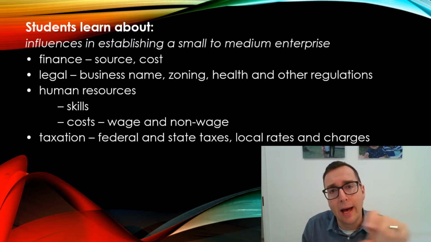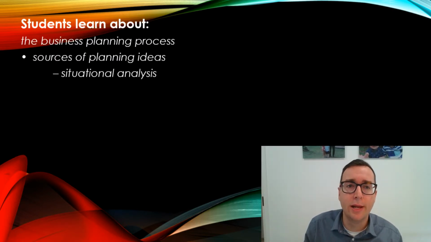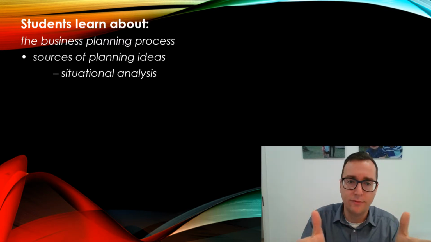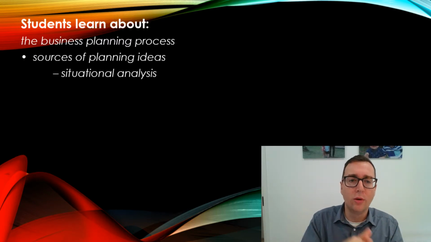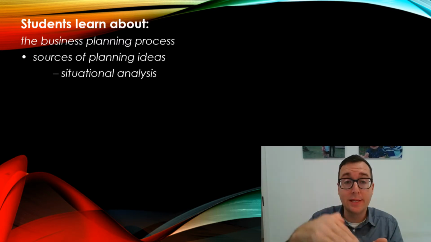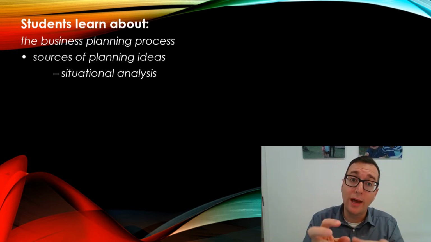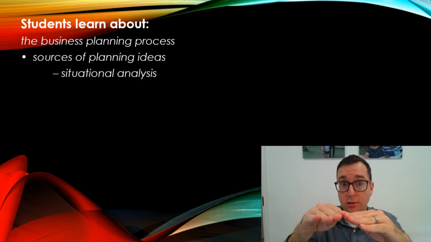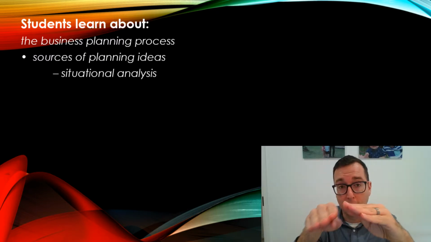Now, the next part is the business planning process. And we take a look here at the source of planning ideas. How do we gather this information? Well, all of this sort of stuff here is part of our business plan. We start with a situational analysis, and we have our SWOT analysis, okay, and we also have our business or product life cycle.